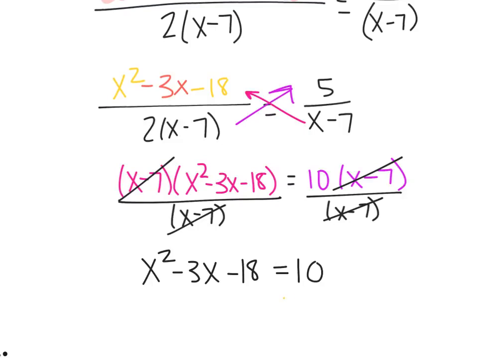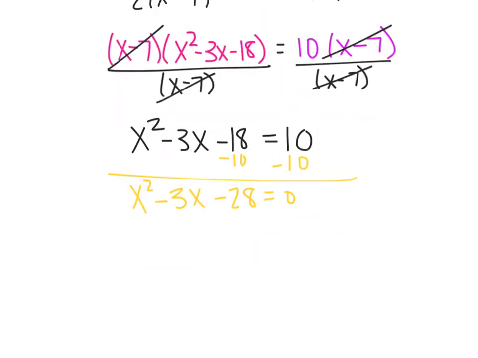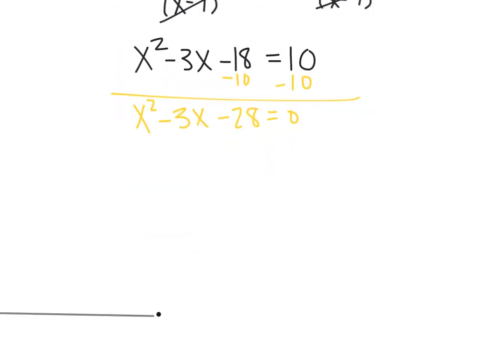So we subtract 10 from both sides. Does that factor? We get x squared minus 3x minus 28 equals 0. And that does factor. Yay. I like it when they factor because we don't have to do a lot of work. How does that factor? Negative 7, positive 4.